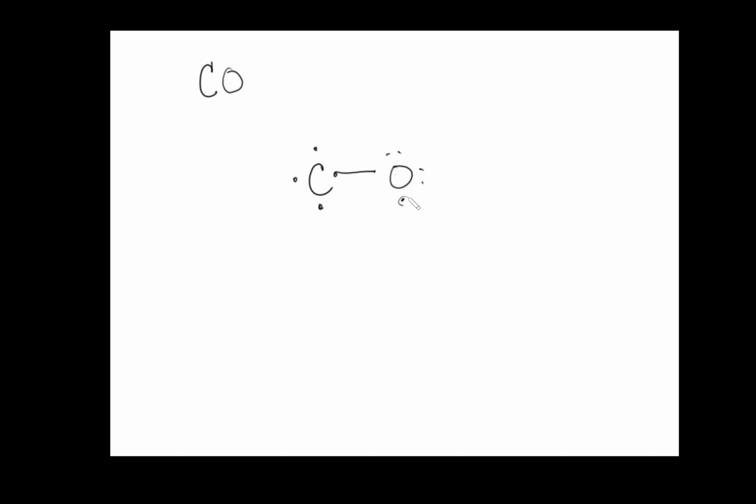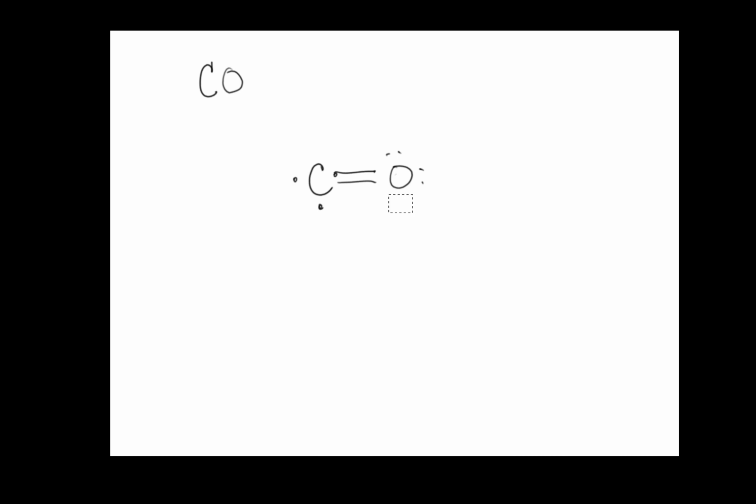Oh, it's screaming. Okay, so I'm going to double bond that up. Let me get rid of those. Let me get rid of this one. Get rid of that. All right. Do I have any loners left? And the answer is yes.